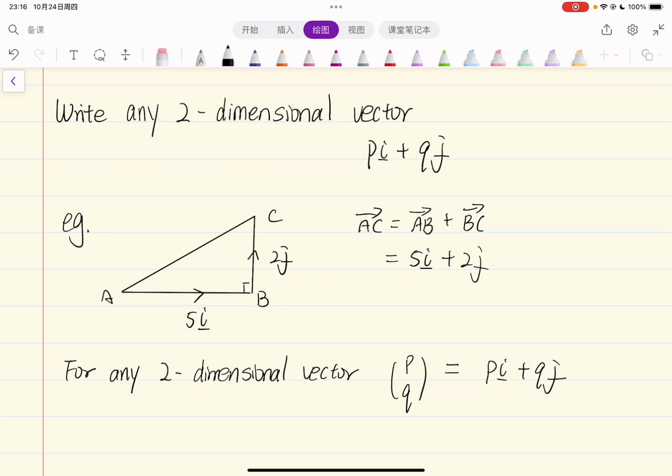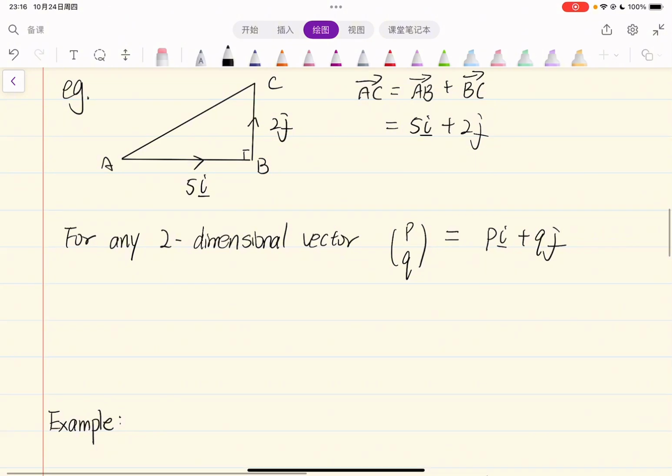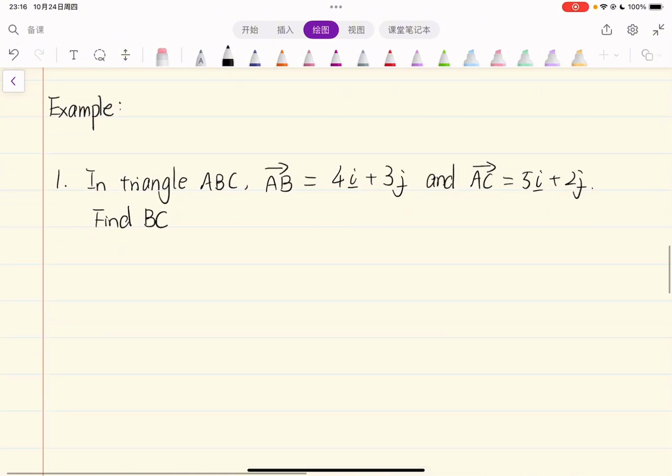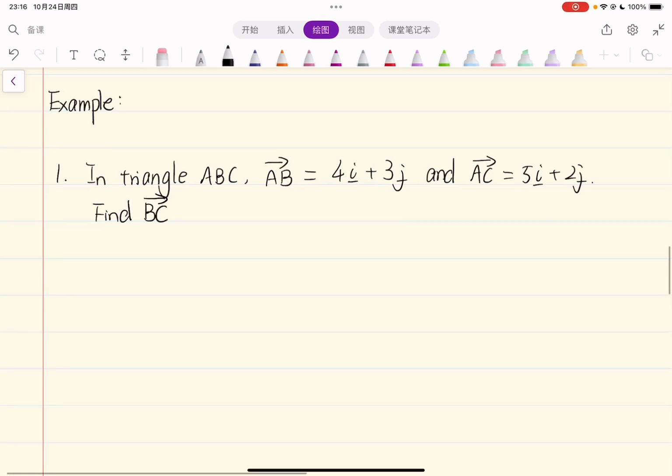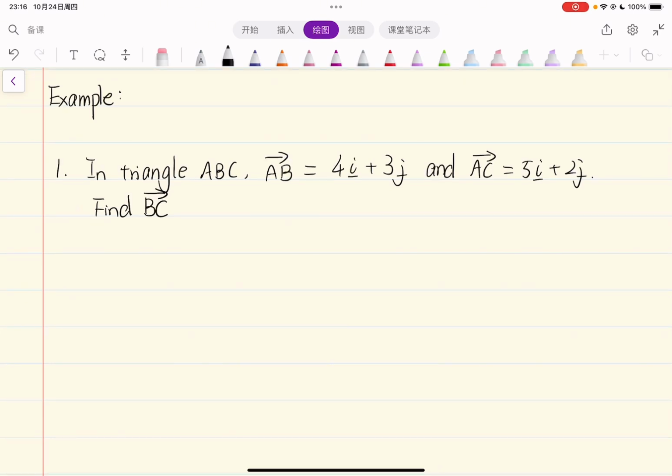Now let's move on to do some example questions. In triangle ABC, AB equals 4i plus 3j, and AC equals 5i plus 2j. Now find the vector BC. We can start by drawing a diagram. Draw a triangle ABC.